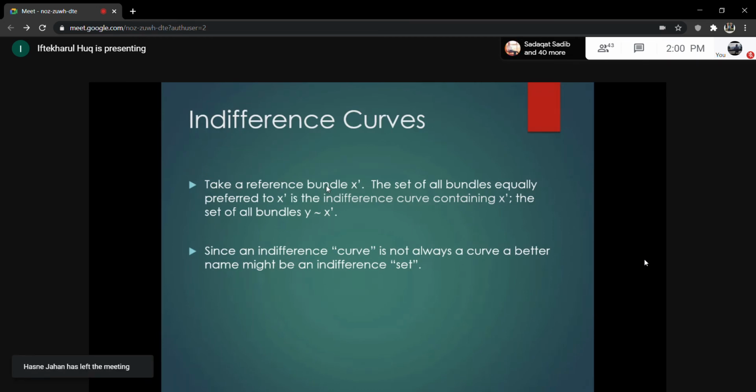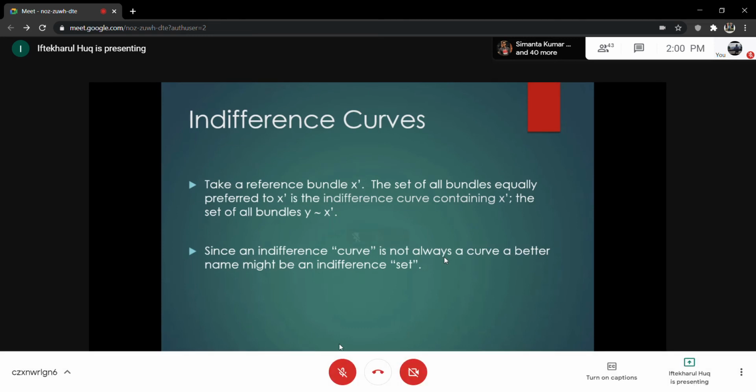If I can identify all those bundles, I will say that all of them lie on the same indifference curve. So the set of all bundles, which I denote as y, will be indifferent to x prime. As you just said, there should be indifference. Since an indifference curve is not always a curve, a better name might be an indifference set. We will see in a moment whether the indifference curve should actually be a curve, a straight line, or something else. We are going to see it in a minute.